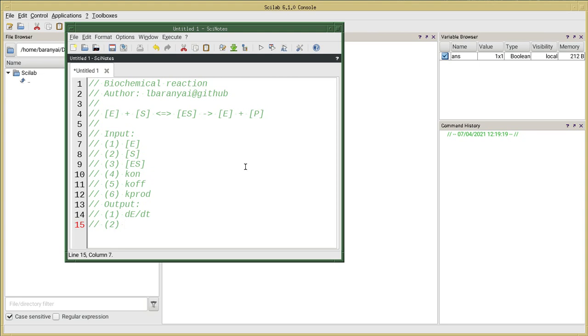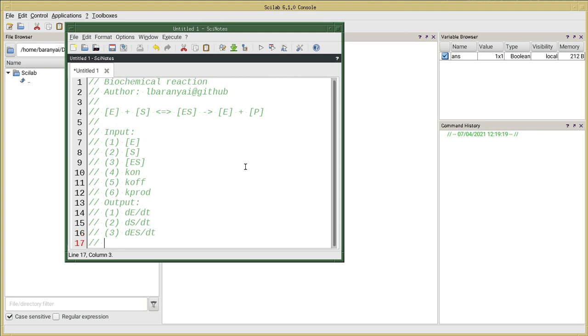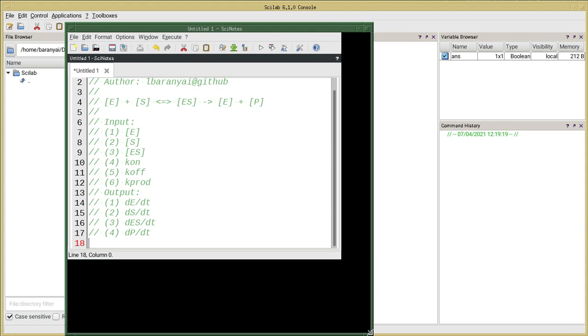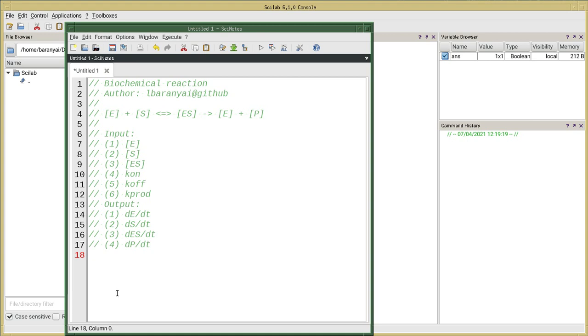The second will be the substrate change over the time, and the third will be the enzyme substrate complex change, while the fourth will be the product change. So this function, what we are going to make, will have 6 inputs and 4 outputs.